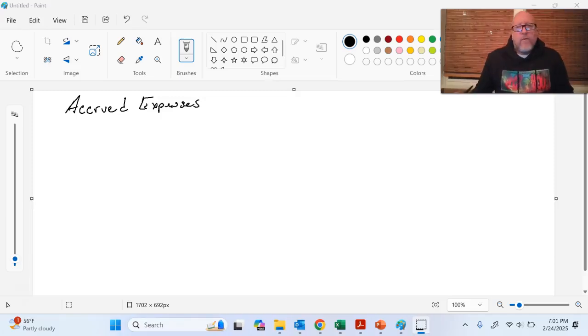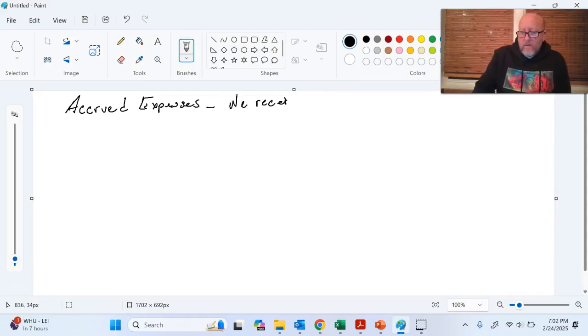The third category of adjusting entries, we will refer to as accrued expenses. Accrued expenses are simply instances when we, as the business, receive the benefit first or in advance of payment.